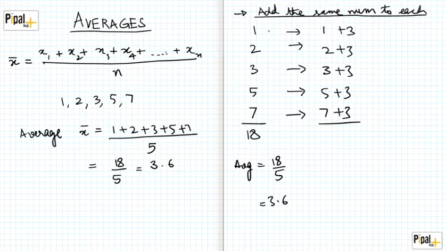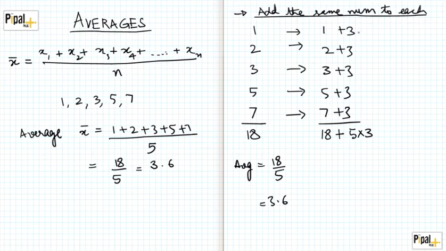However, when we add the same number to all of these, the new sum total of these five new numbers is going to be 18 plus 5 threes, since 1 plus 2 plus 3 plus 5 plus 7 add up to 18. So the new total is 18 plus 5 into 3.